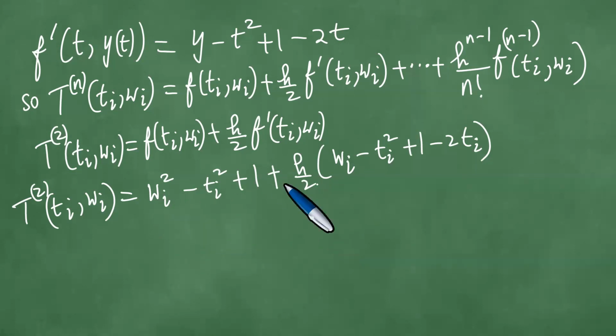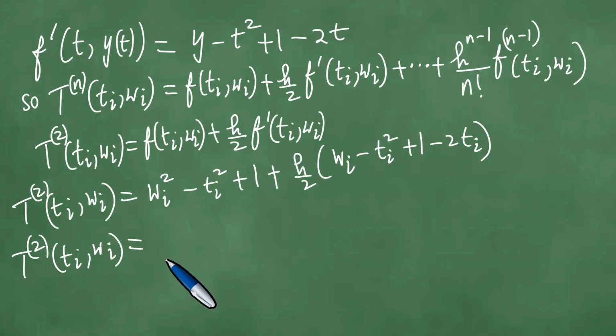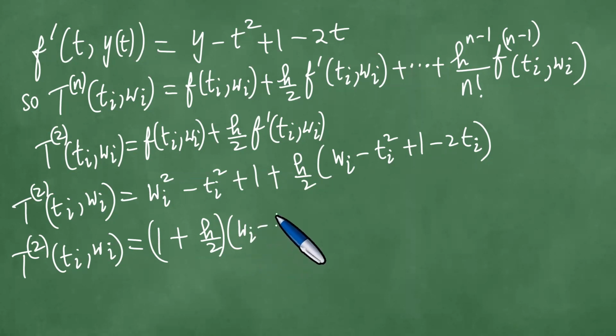Now we multiply everything here, group like terms, and so on. Meaning wi times 1 plus h over 2, which is wi minus ti squared plus 1.